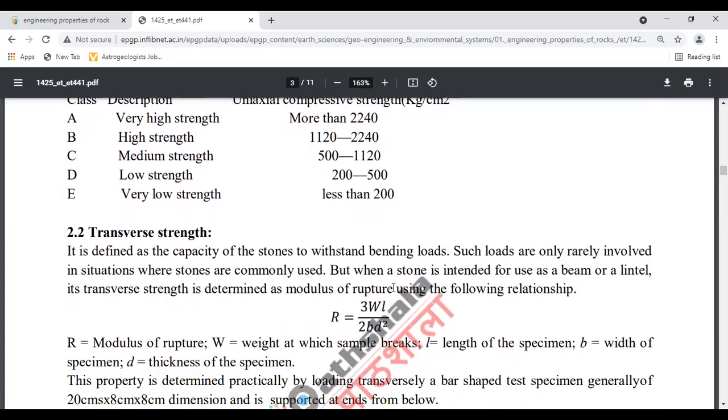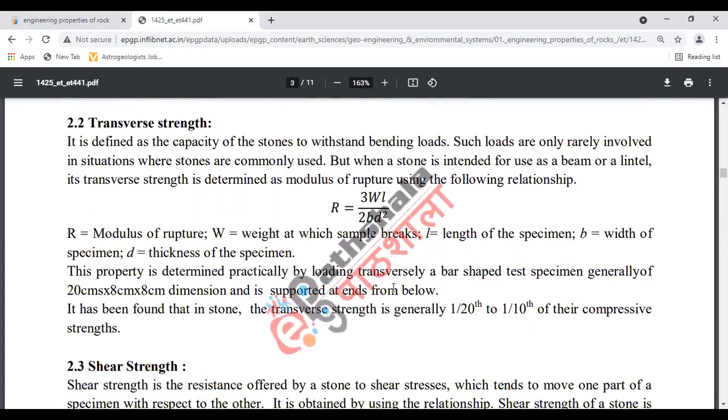Next, transverse strength. It is defined as the capacity of the stones to withstand bending loads. Such loads are only rarely involved in situations where stones are commonly used.